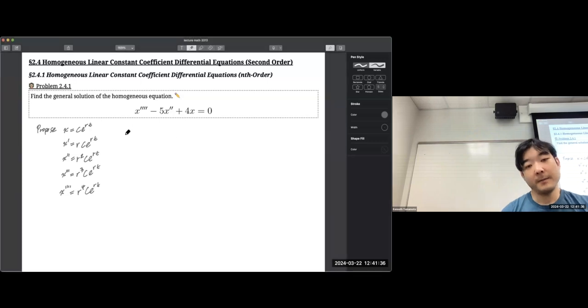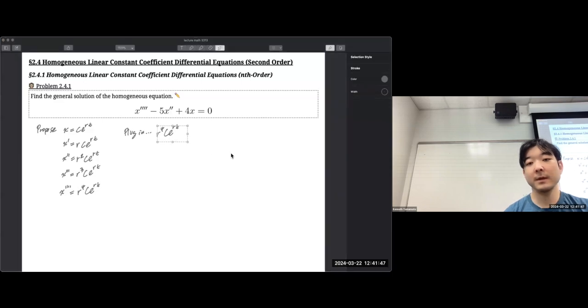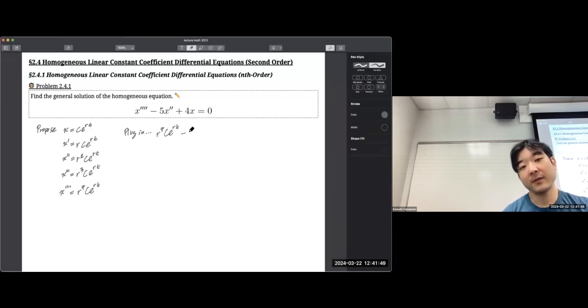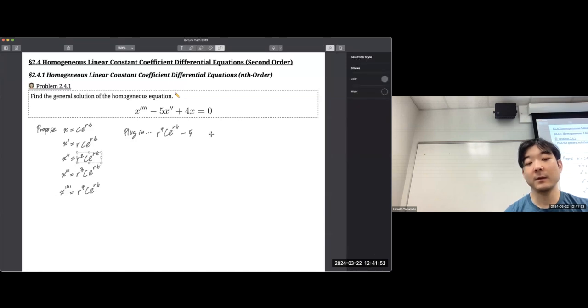And then we're going to plug this in. The x quadruple prime will be this after you use this solution form. And then you're going to do a -5 times x double prime, which is this one. And then +4 times just x, which is just this.